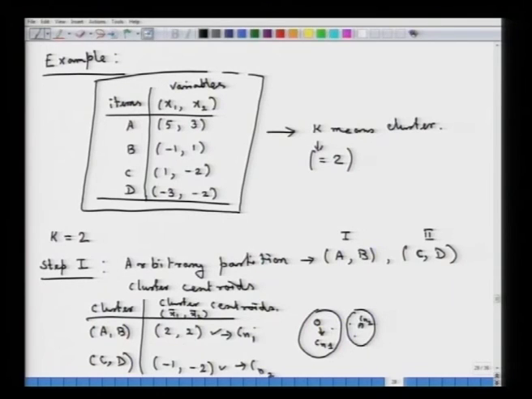And once we do that, we will stop at that particular point and then recalculate the centroids of the clusters, because this cluster is now losing A and the other cluster is going to gain A, if that is possible. If that is not the case, if we find that A is closer to its own initial cluster than to the other cluster which is containing the points C and D, then we will not disturb A, and keep it in the same cluster as it was in the initial randomly allocated clustering.